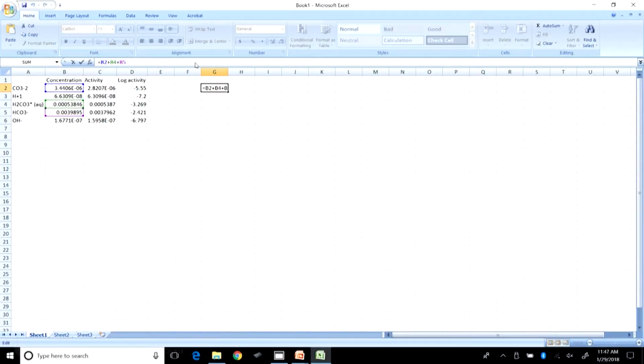So to calculate CO3 total, what did I just do? We just summed up the concentrations of the three species relevant to the carbonate system, H2CO3, HCO3 minus and CO3 2 minus. And so the CO3 total that we end up with, after summing up CO3 2 minus, H2CO3 and HCO3 minus, is 4.5 into 10 power minus 3.